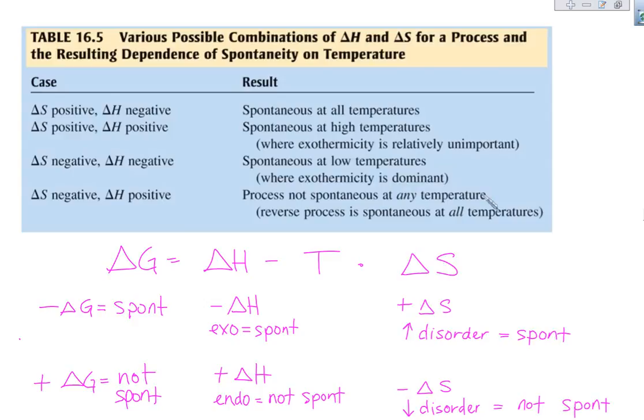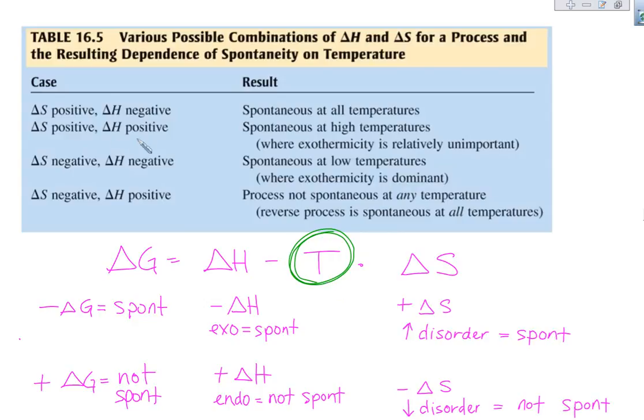So we're looking at this last option. It'll never be spontaneous if these two variables are both not spontaneous. So check out the two options in the middle. What if, again, you have opposing forces? Then it's all temperature dependent. It all comes down to this guy, the temperature. So what if we had it like this?